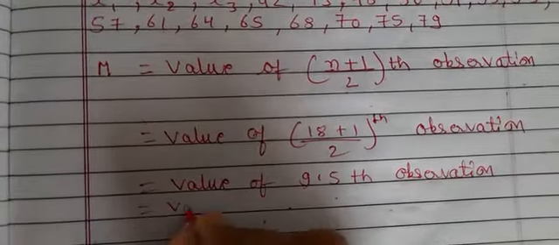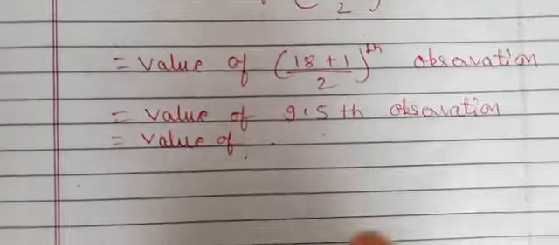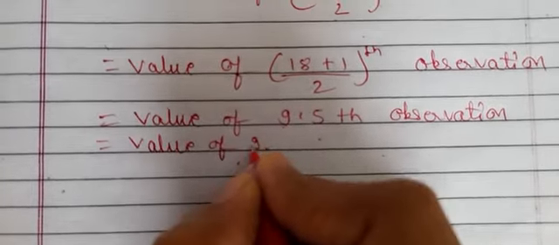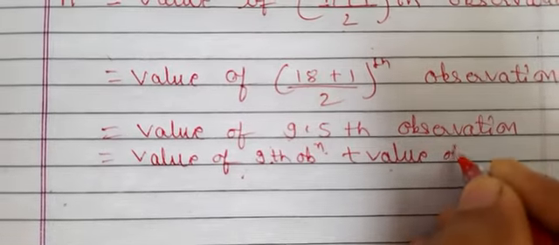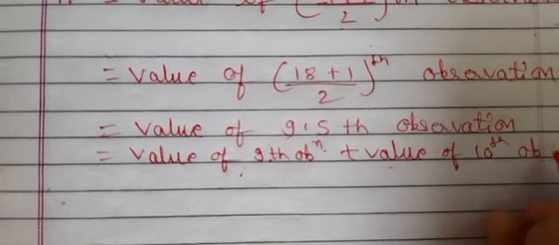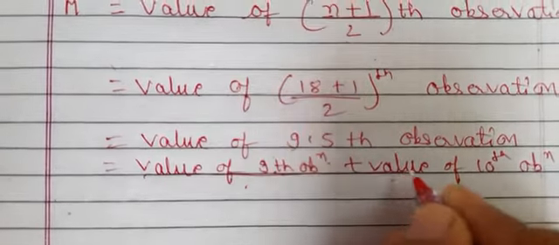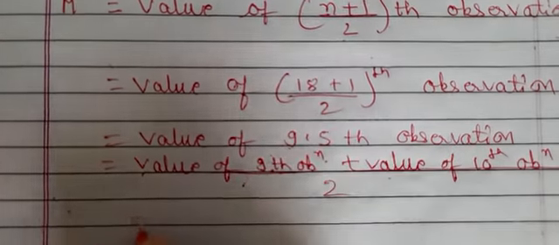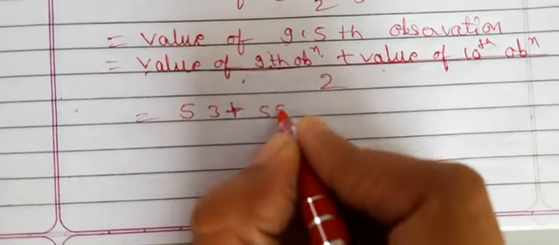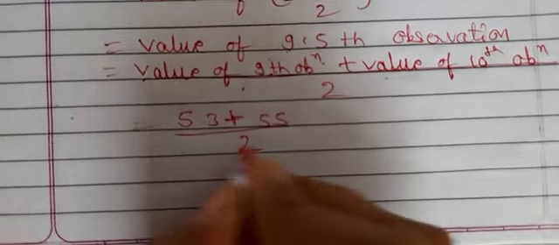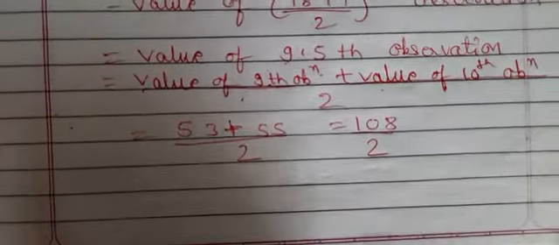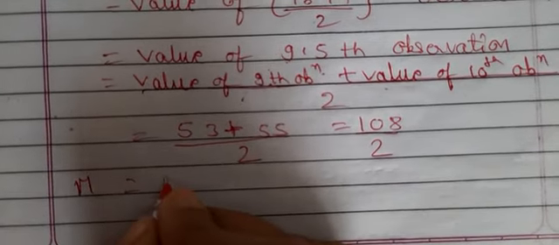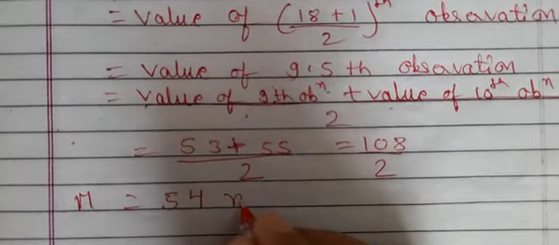So that is equal to value of 9th observation plus value of 10th observation divided by 2. That is equal to 53 plus 55 divided by 2. Now 53 plus 55, that is equal to 108 divided by 2. So therefore your median is equal to 54 marks.